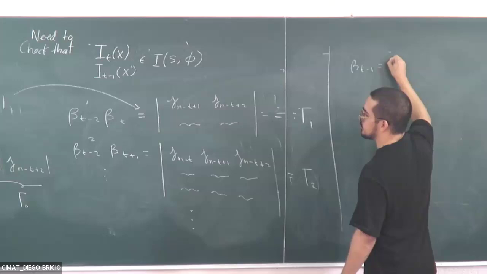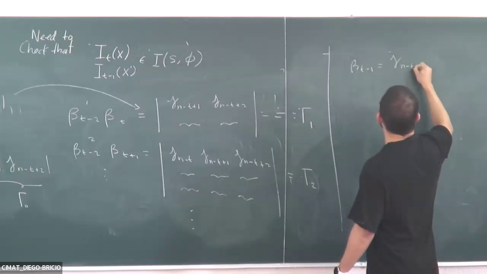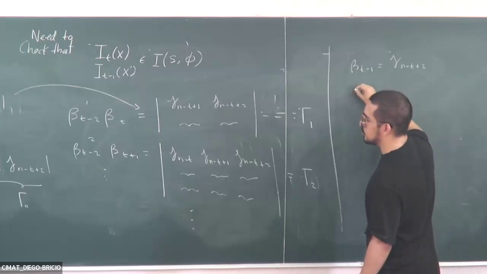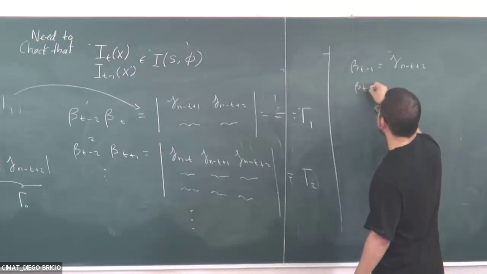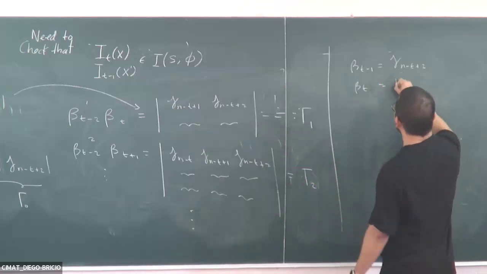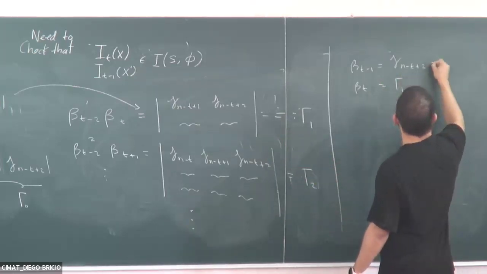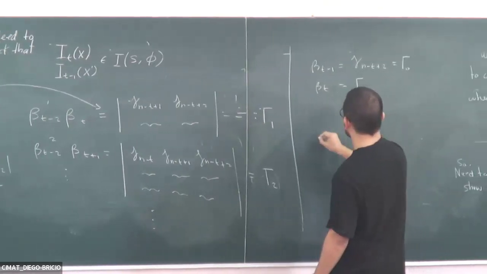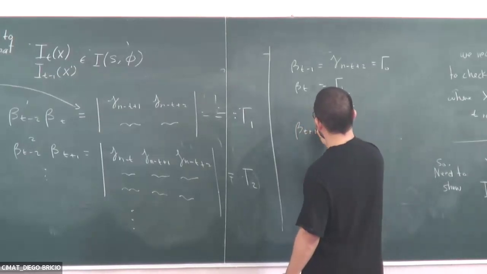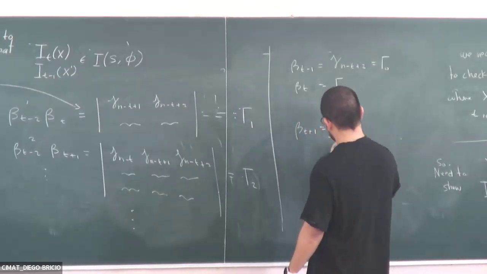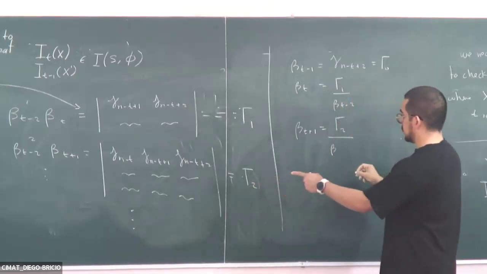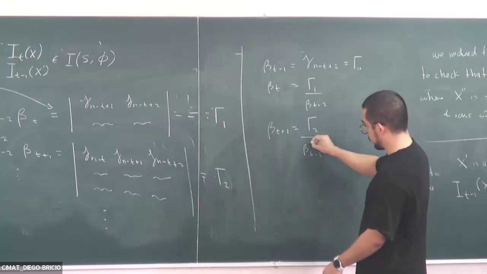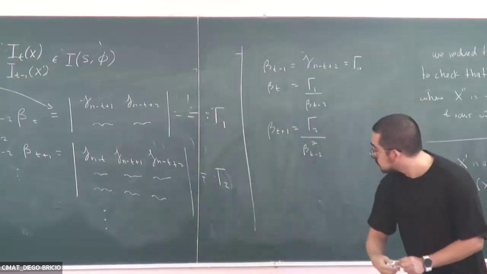This guy is the same. There's no extra steps needed to be done there. The next one is gonna be this. This is gonna be beta t minus 2, but powers 2, and so on.